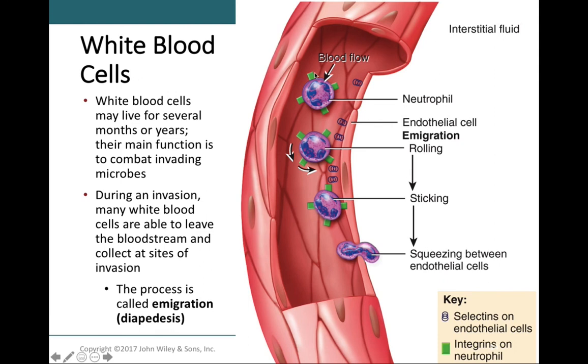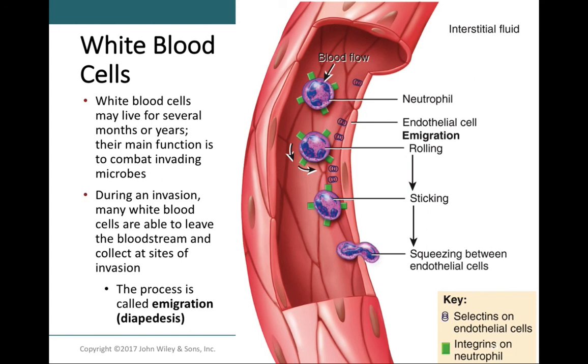You can see that these neutrophils have these special proteins on their outer cell surface, and whenever they're ready to escape the bloodstream, they're able to roll along the inside and eventually squeeze out between two of the endothelial cells. Then these cells would be out of the bloodstream and able to make their way throughout the body to the location of an infection or inflammation.